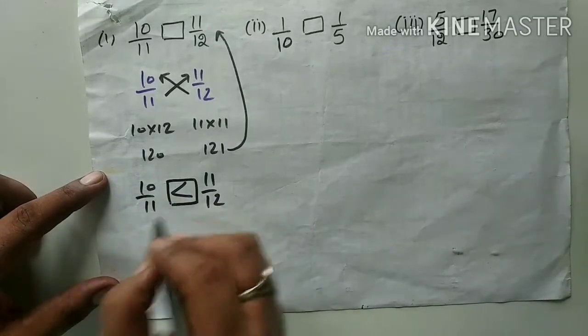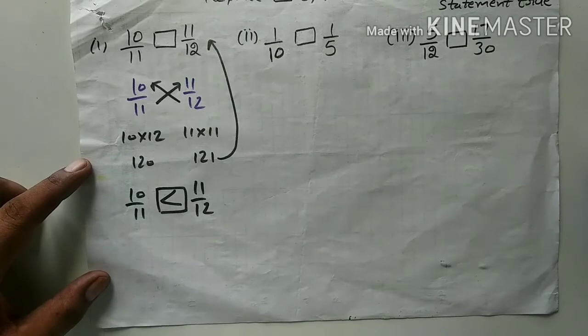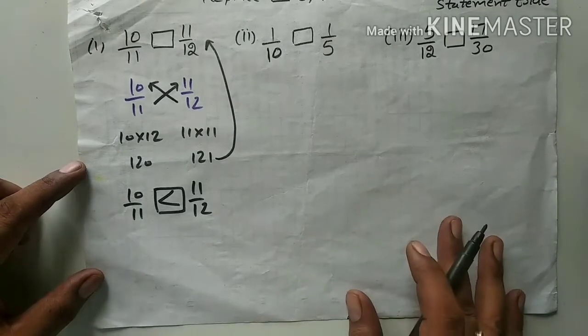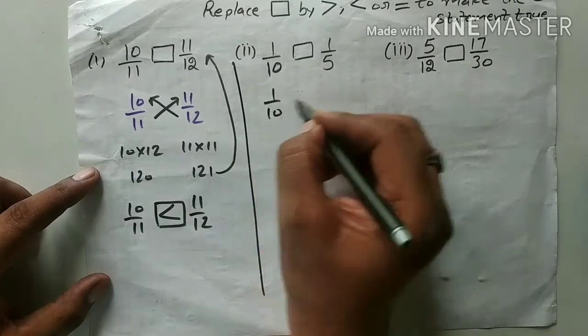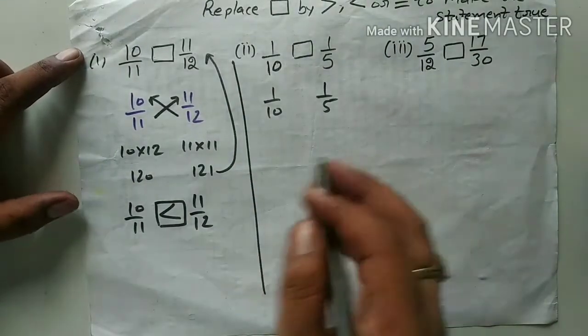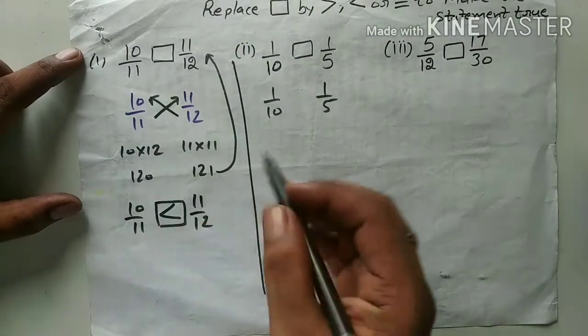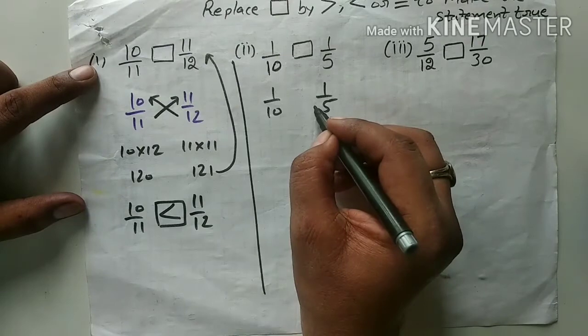So student, in this way we will find the answer in case of comparison of two fractions. Now 1 by 10 and 1 by 5. Again I will compare 1 by 10 and 1 by 5.